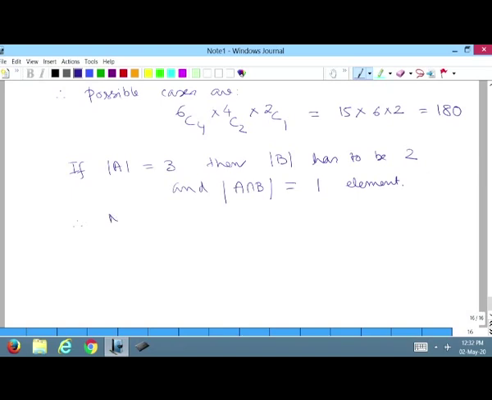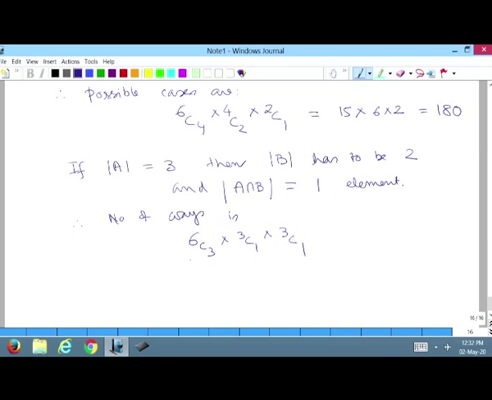Therefore, the number of ways is 6C3 times 3C1 times 3C1.